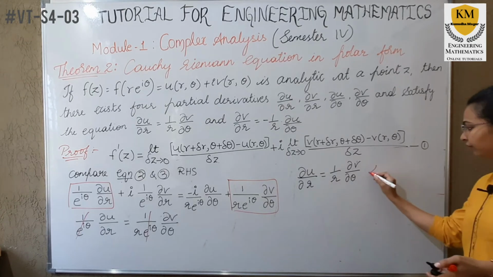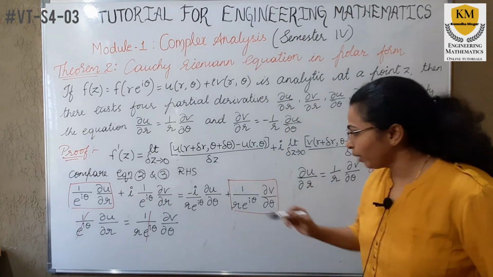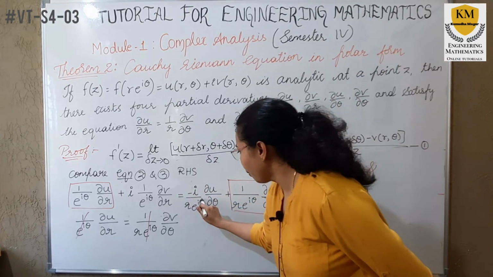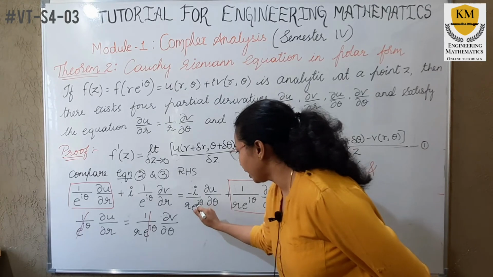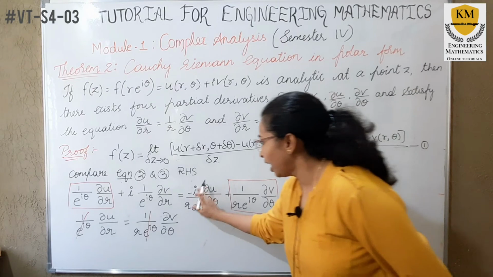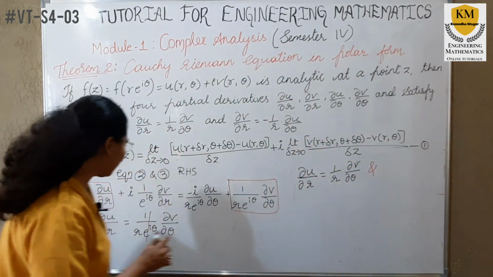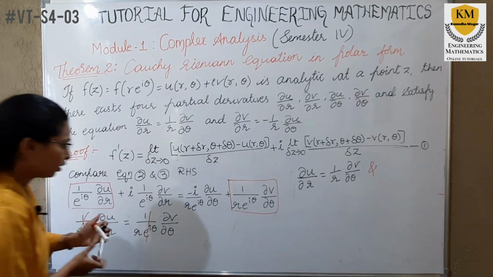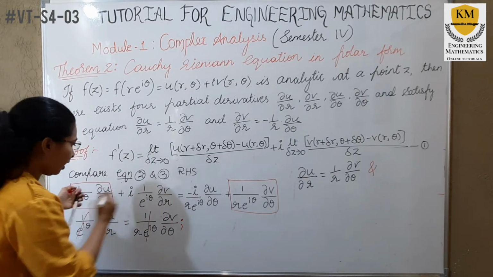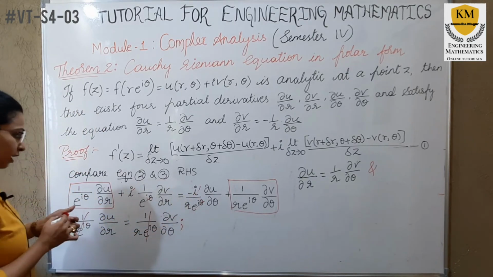And this I left blank for my sake. Similarly, when you consider the left out part, you can observe here 1 by e to the power i theta, we can cut. i and i can be cut. So what will be left out? Observe. I cut it, e to the power i theta, cut it.